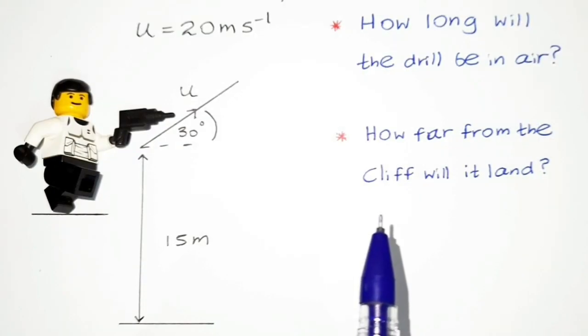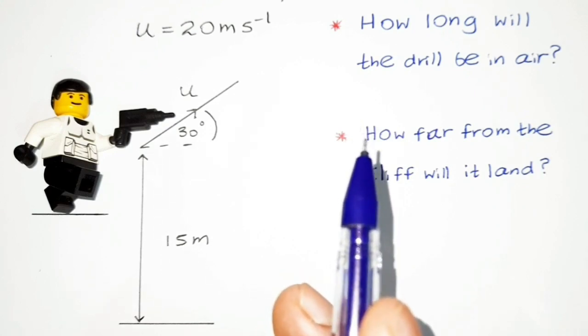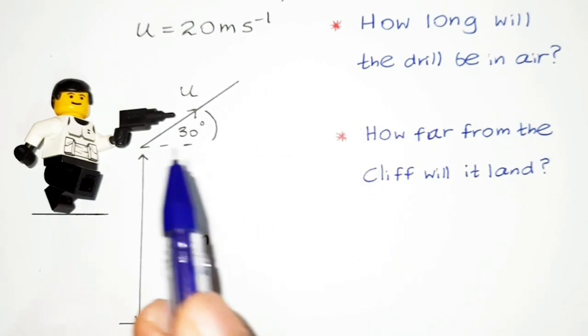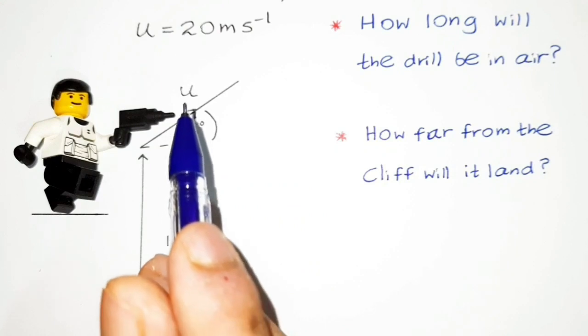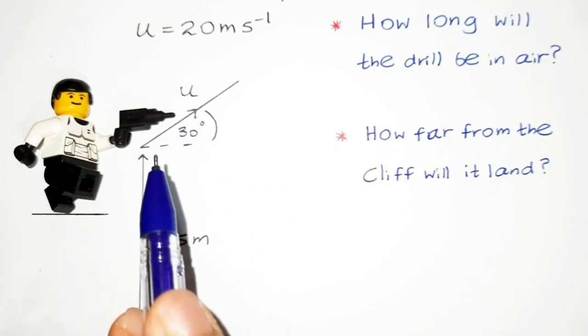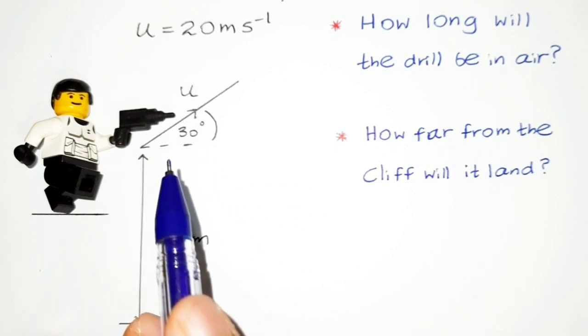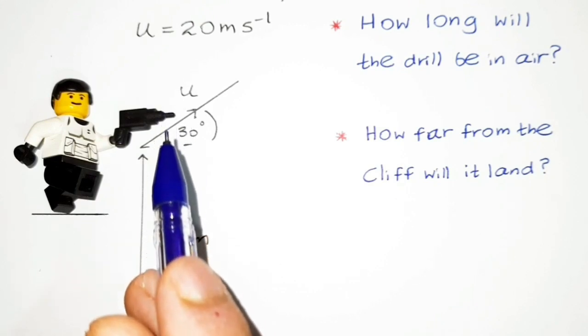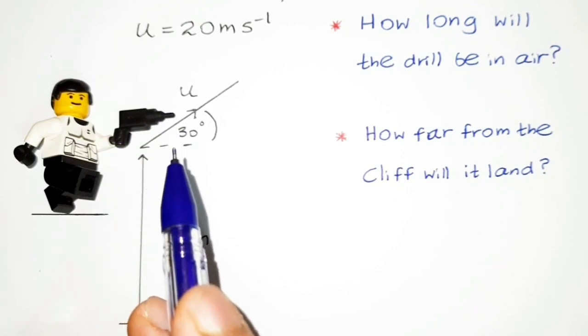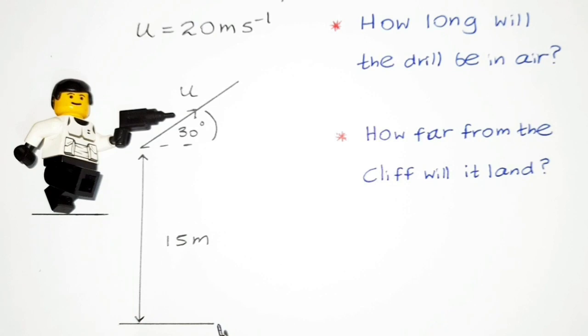In order to find solutions for these two questions, we need to first relate the motion in the x direction and the y direction. The time in the air depends on the y direction or the vertical motion. The drill would come to a complete stop when it reaches the ground in the projectile motion.